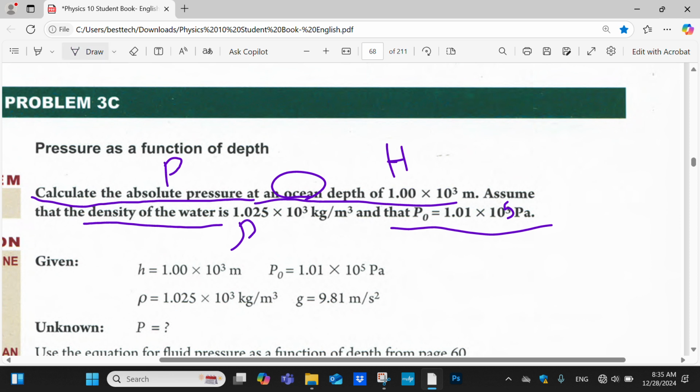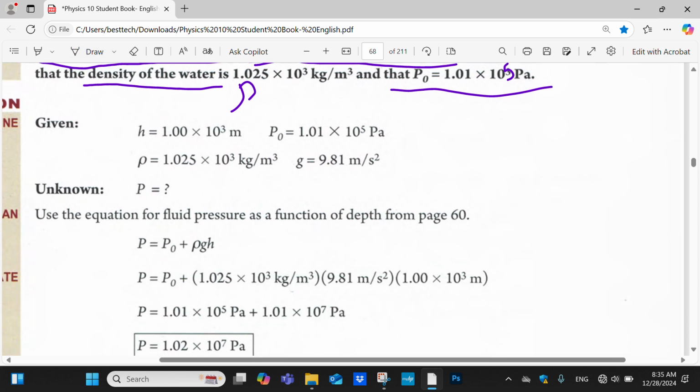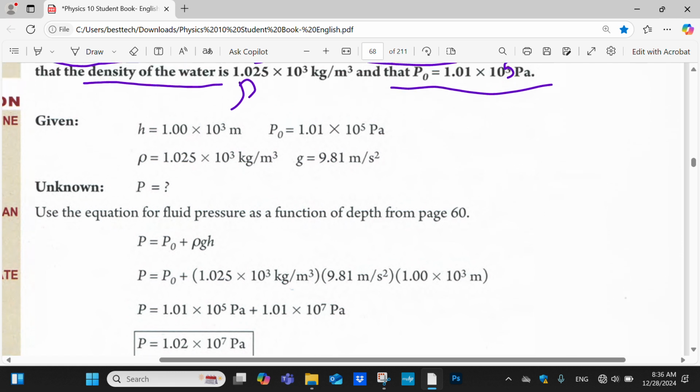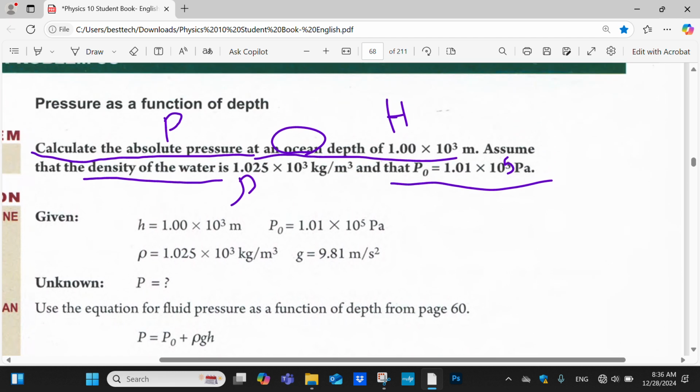Okay, how can we now find the answer? Students, look, what was the rule? We studied the rule: total pressure is equal to atmospheric pressure plus rho gh.